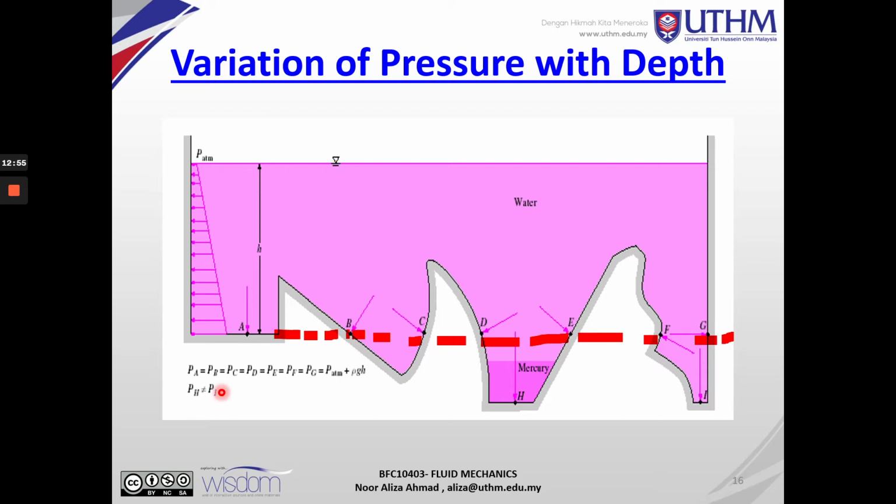So PA, PB, PC, up to PG, are equal to P atm plus rho g h.